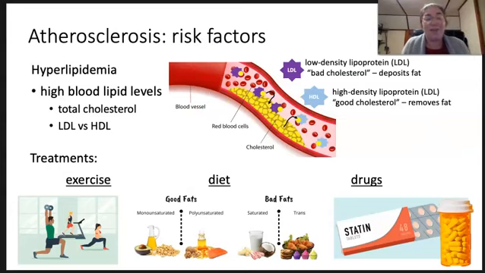If those things are not able to control blood lipids, there's also medications that can be taken, and the most common one, very common medication for hyperlipidemia is statins. They are pharmaceuticals that lower your cholesterol.